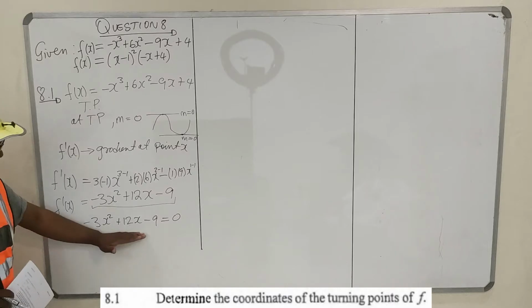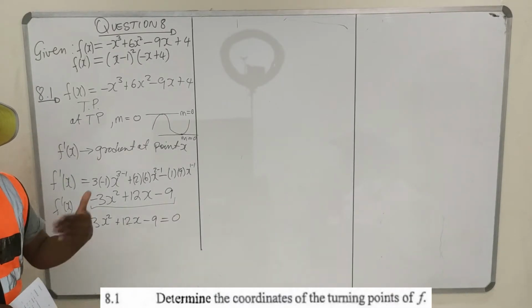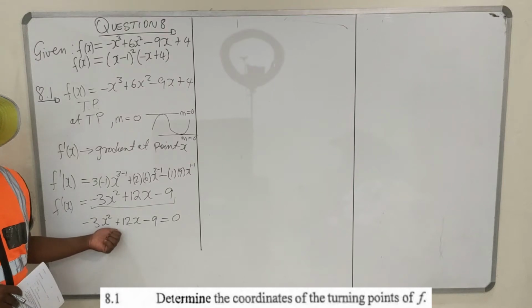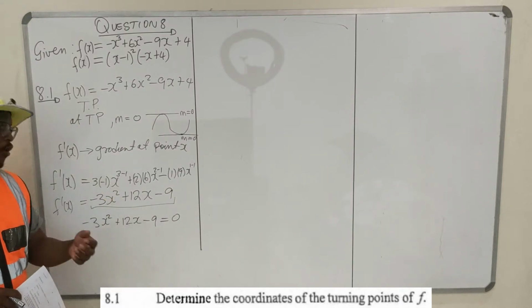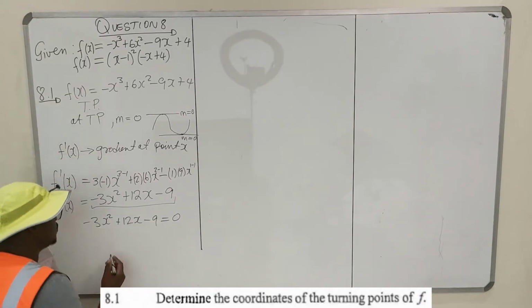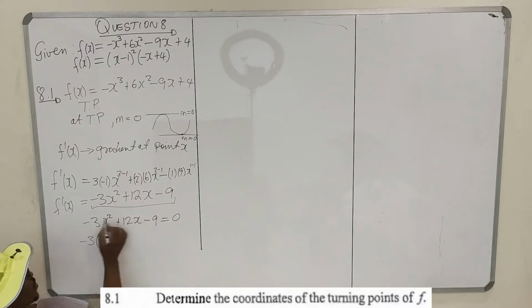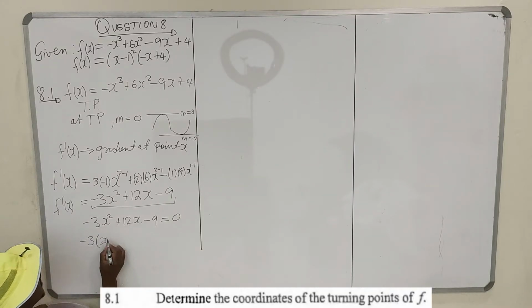If we solve this equation, the solutions are the points where the gradient of our function is 0. So let's go. We take out the common factor, minus 3, or you can use the quadratic formula if you're comfortable with it.